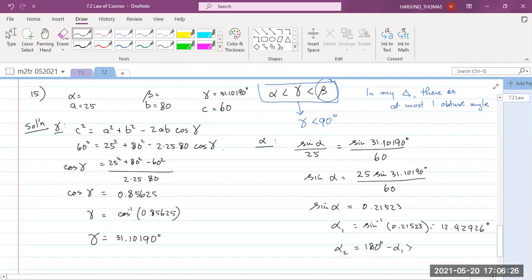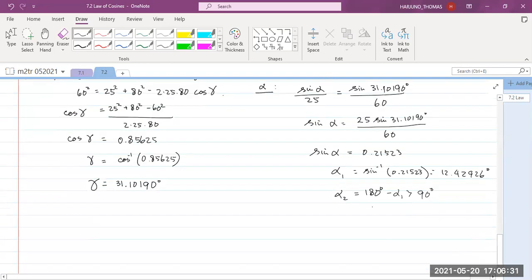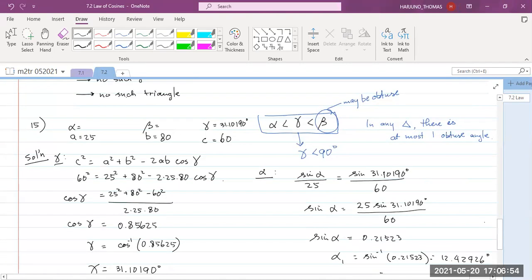We know this will be greater than 90 degrees, right? But alpha 2 is supposed to be less than gamma, which is 31-something. Okay, that's why you will reject alpha 2. So alpha 1 is 12.42926.